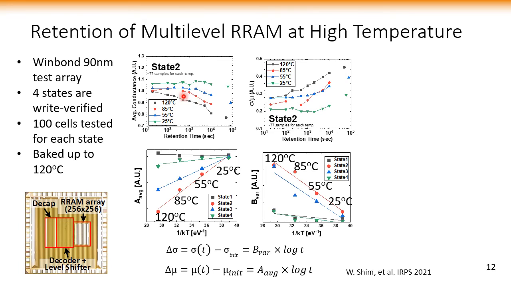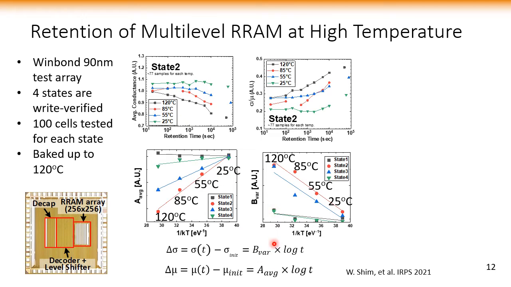Here we show the mean value, and in the other plot we show the standard deviation. The mean value of the conductance decreases, and also the deviation or the variation increases over time, especially at higher temperature. So we did empirical modeling to model the mean value and the sigma as a function of the time at different temperatures through this formula.